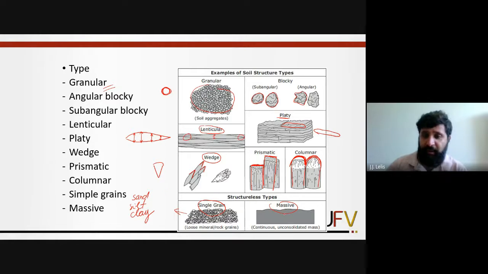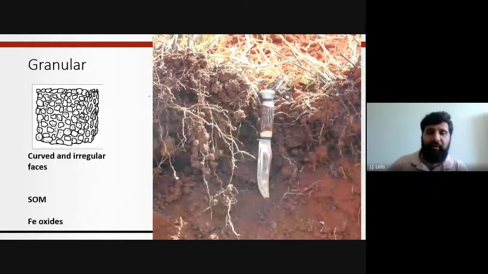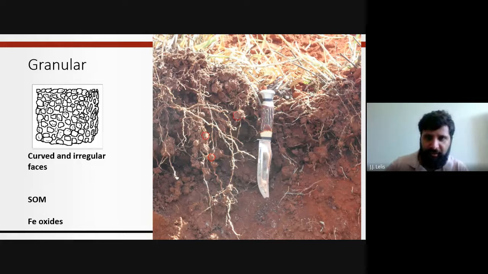Okay? And here we just can see an aggregation because this material is a cohesive material. They don't present any kind of voids or cracks that start to form a ped, to form an aggregate. We can see some granular structures like here, and here, and here.